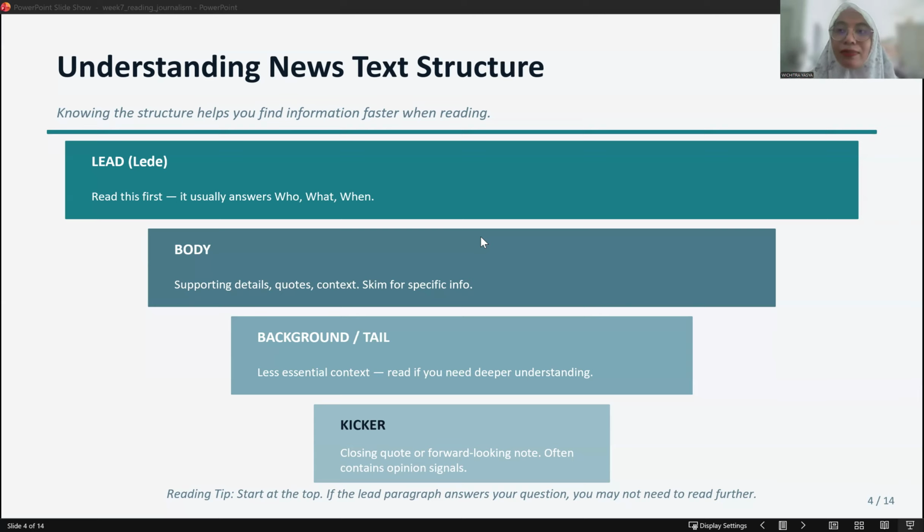It can have an opinion, but mostly all of it are facts. Okay, so a reading tip is start at the top. Read the headline and then read the first paragraph, or the lead paragraph. It usually answers your question about what the article is about.